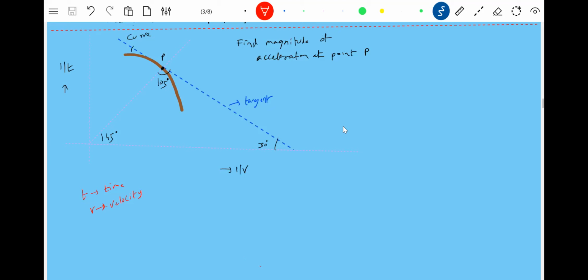In general, what is the slope? We have a tangent here. Let's concentrate on the slope. The slope is the derivative of 1 by t, dy by dx, as we define a slope. So this should be equal to minus 1 by t square dt.